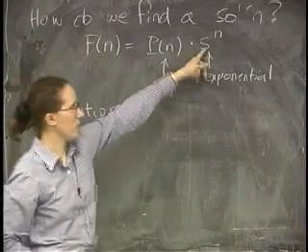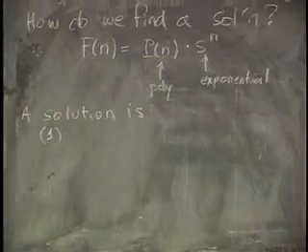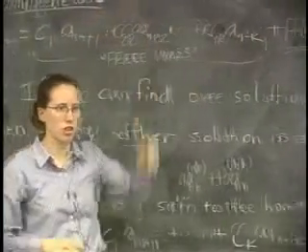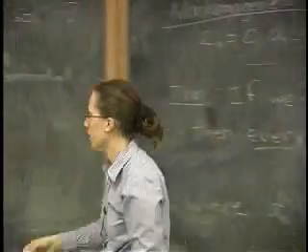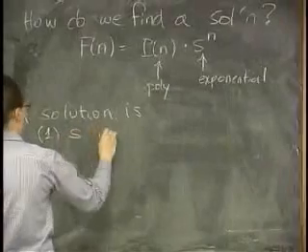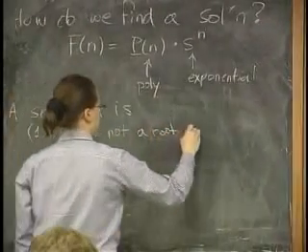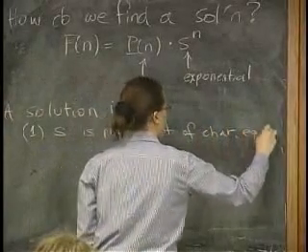S could either be a root of the characteristic equation that comes from this homogeneous part, or it could not be. We're sort of happier if it's not. So S is not a root of the characteristic equation.